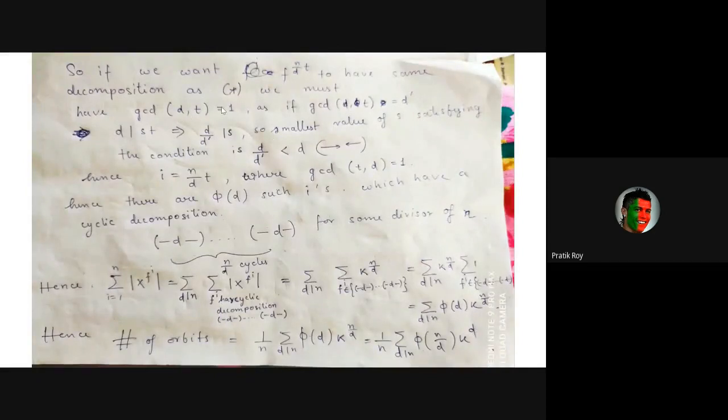So how many of those i are valid? Exactly those i for which t and d have GCD 1, and there are phi(d) of them. From that I can take the sum and again group them according to their cyclic decomposition, and I get the formula: 1 by n, summation over d divides n, phi(n by d) k to the power d.